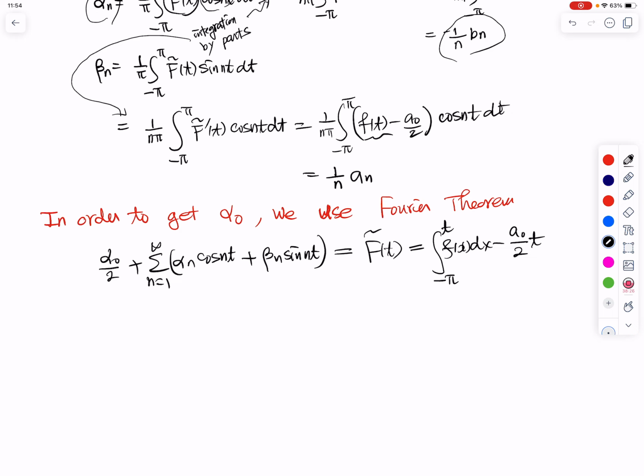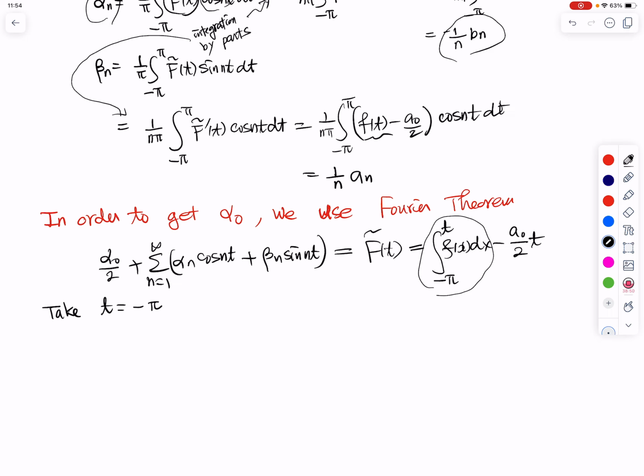Then here we take t equals, let's take t equals what? If you take minus pi, this term is gone, right? You can also take t equals pi or minus pi.